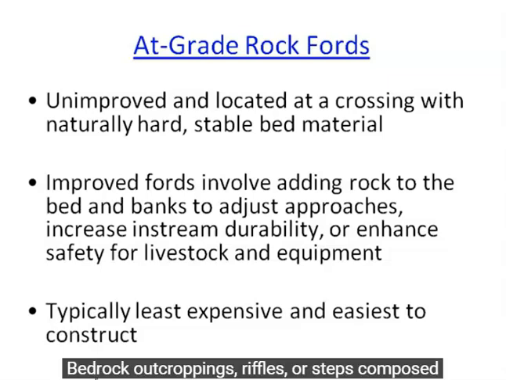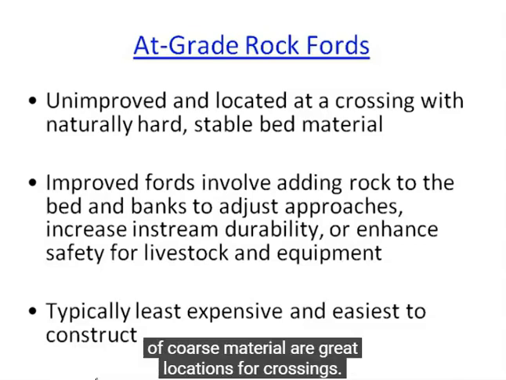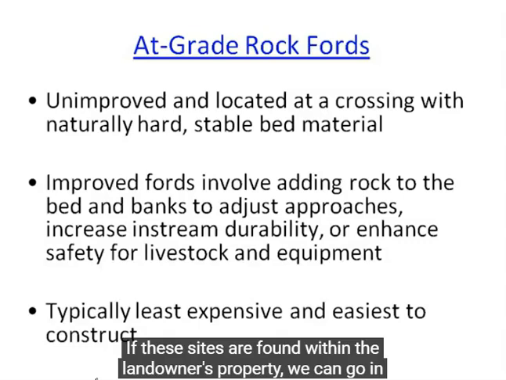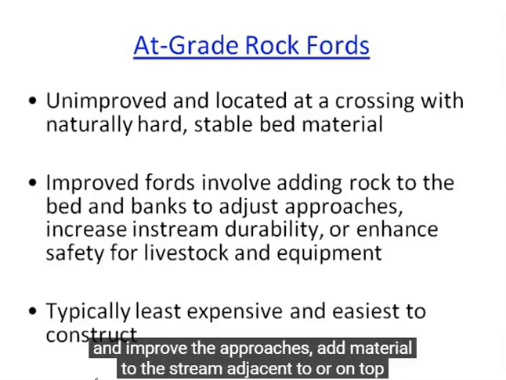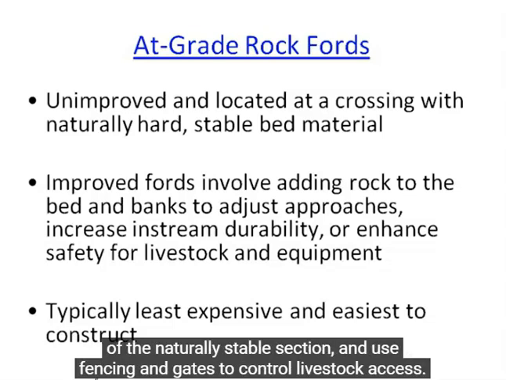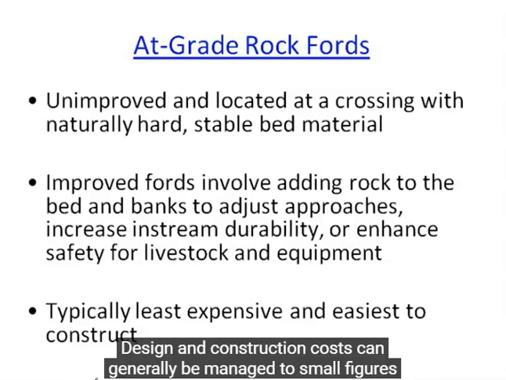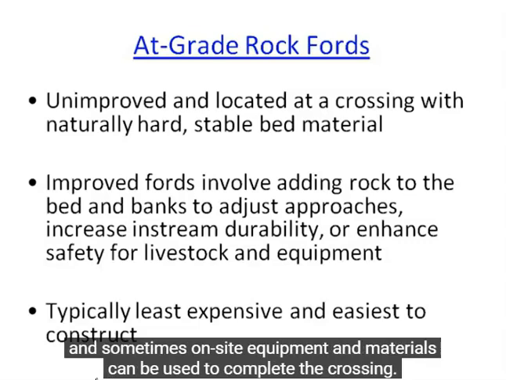Bedrock outcroppings, riffles, or steps composed of coarse material are great locations for crossings. If these sites are found within the landowner's property, we can go in and improve the approaches, add material to the stream adjacent to or on top of the naturally stable section, and use fencing and gates to control livestock access. Design and construction costs can generally be managed to small figures, and sometimes on-site equipment and materials can be used to complete the crossing.